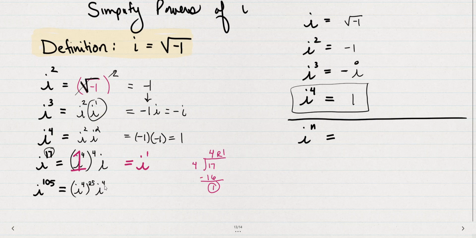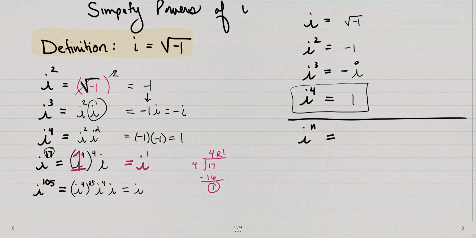And then I get 1 more, and then an i. So do you see that this is 1 to the 25th power? Not 1 times 25, but 1 times 1 times 1, 1 times itself 25 times, and then 1 more time, and then we just get an i. So here we get an i again.